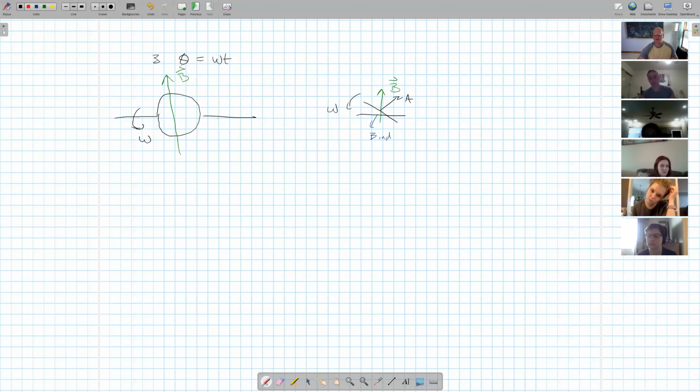So when the face of it is pointing this way, or the area is pointing parallel to the magnetic field, and then it's going to keep rotating, in which case the area is going to start getting smaller. When the area starts getting smaller, it's going to induce a magnetic field in the same direction as the external magnetic field, causing the current to move in the opposite direction.